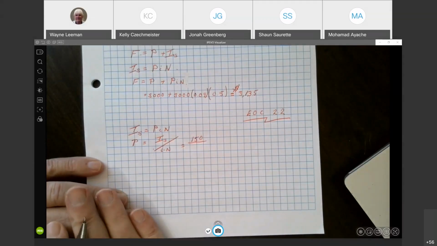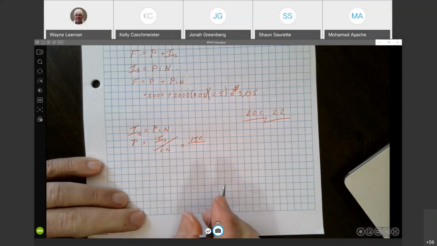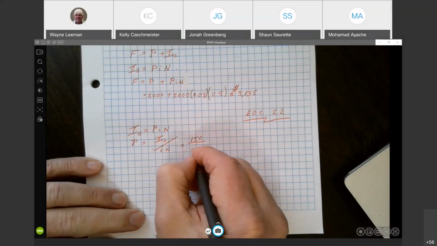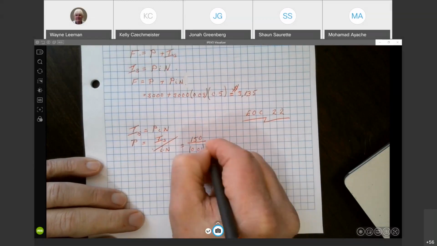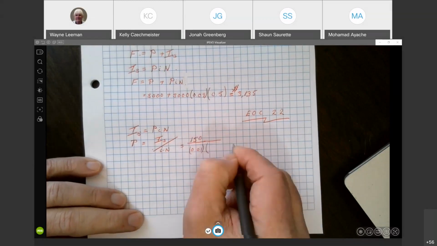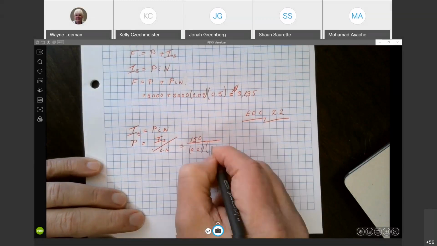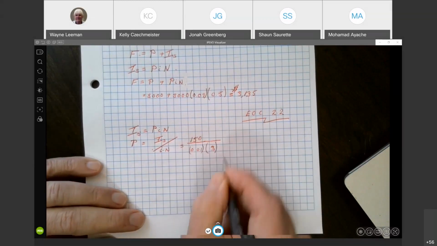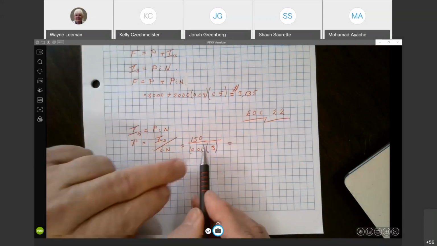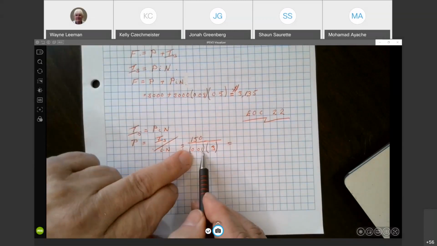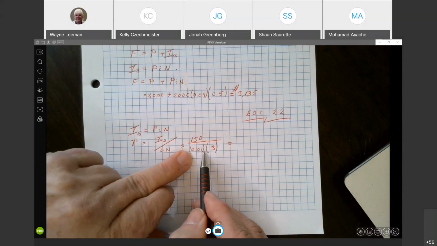The interest rate was 0.01 per month. And how many months were involved? 3. Again, before I do that arithmetic, to multiply these together, we need to have them both in the same units, month.